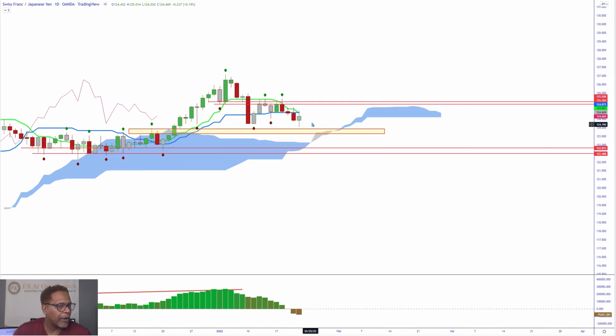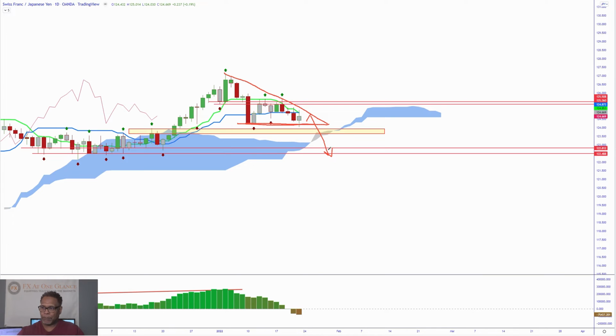Not really a P wave here, and let me show you the reason why we don't have a P wave here. This is flat. So we're starting to see a descending triangle pattern, which a lot of times breaks out to the downside.